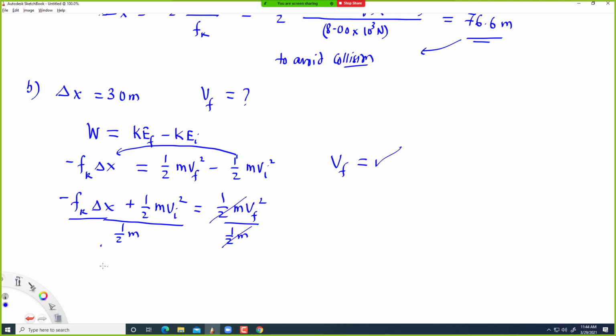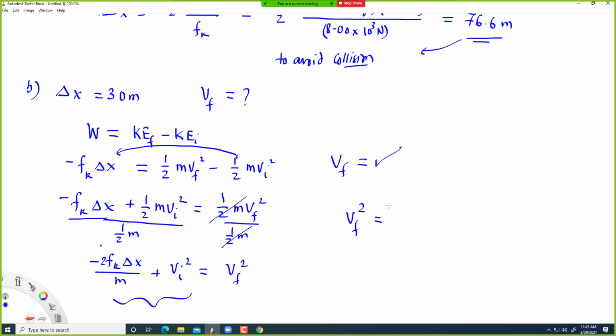So that gives me minus 2 fk delta x over m, plus vi squared is equal to v final squared. So let's find Vf squared first and then we'll take the square root of that to find Vf. Let's plug in the numbers in this expression.